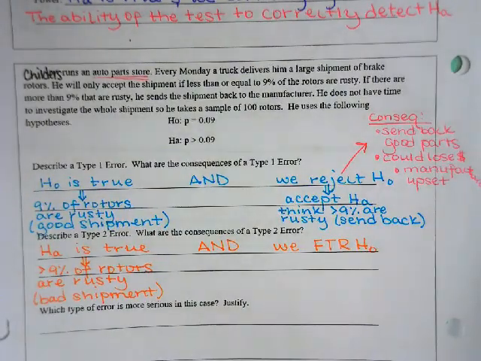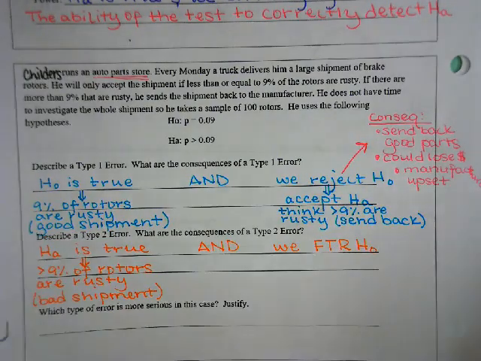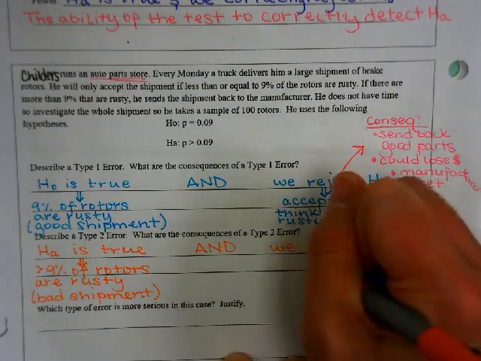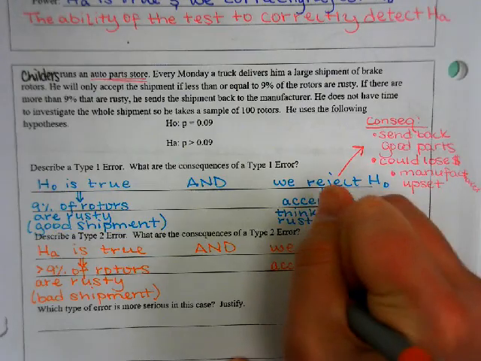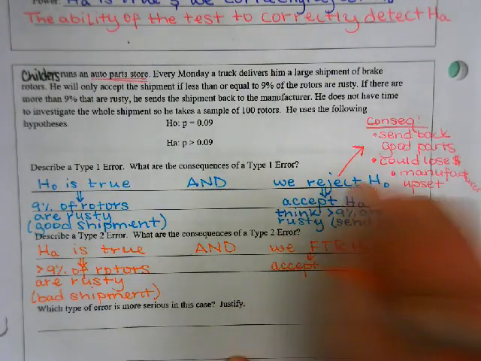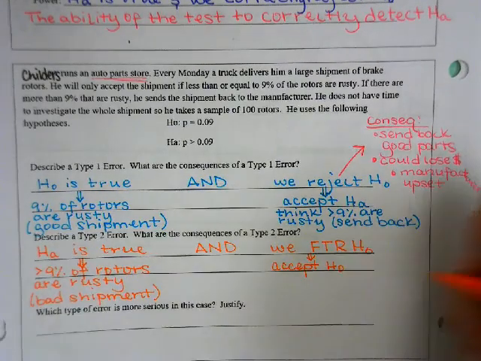If we fail to reject the null, that tells us that really we're accepting the null as true, and believe that 9% are rusty and keep them.